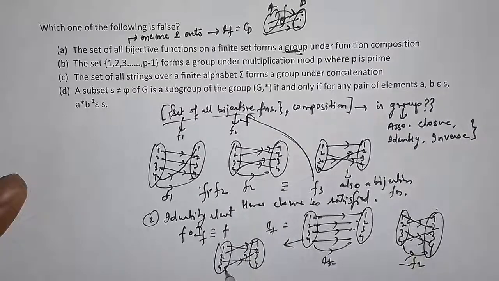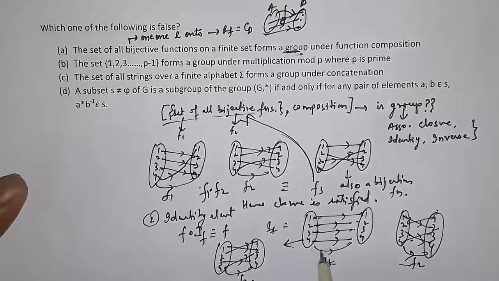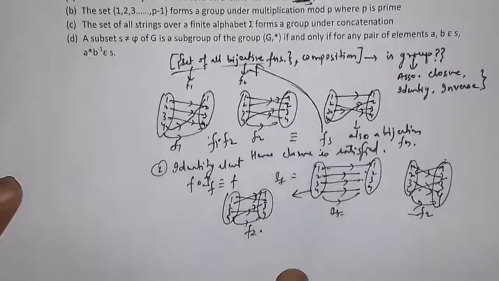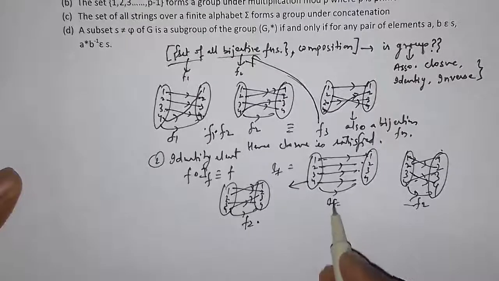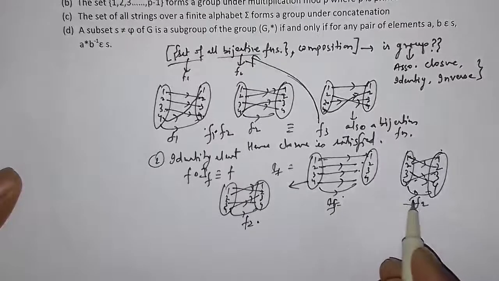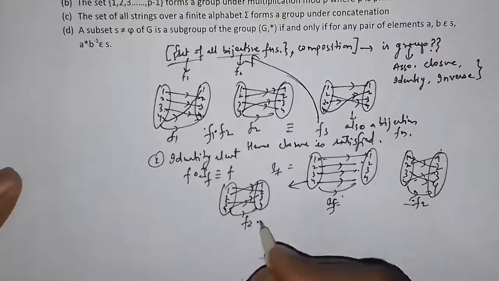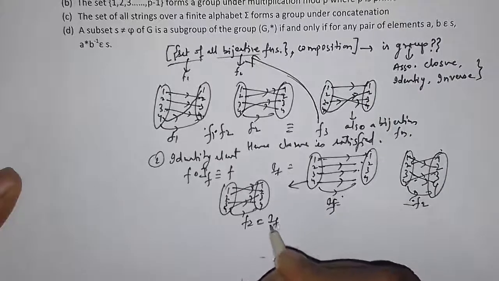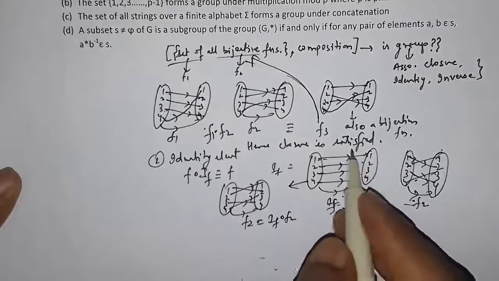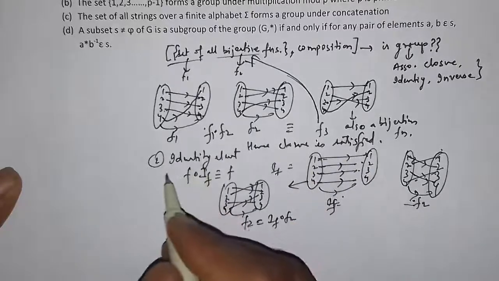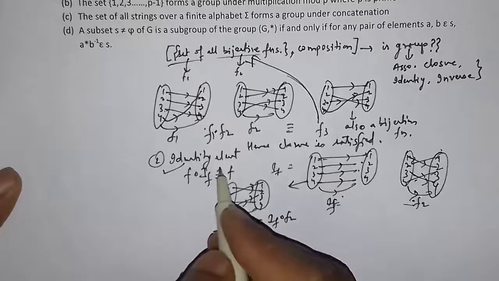So what result are we getting? We are getting the function f2 itself. When the identity function is composed with function f2, we are getting function f2 itself. So our identity function is working, hence we have presence of identity element.